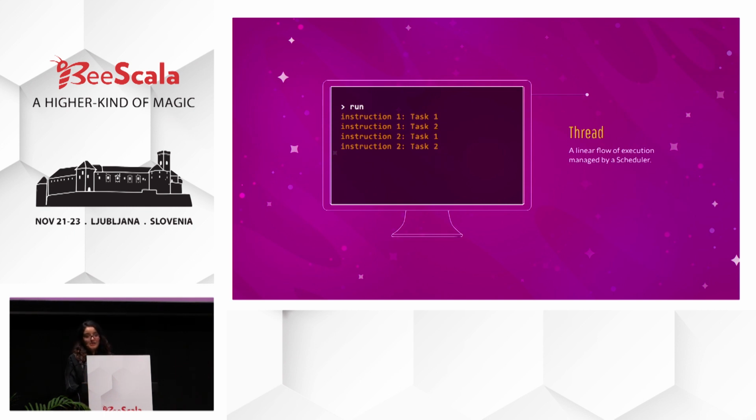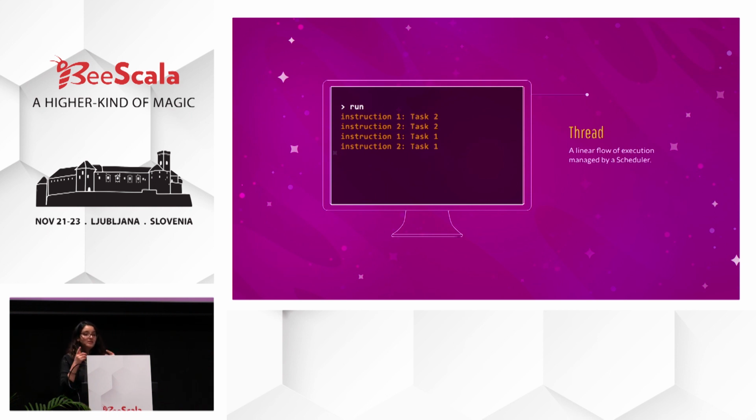We have two tasks. The first time we execute, we will have the first instruction running for the first task, and then task 2 will interleave with task 1. Task 1 will be suspended, and then afterward it will resume and execute the second instruction and go back to the second task.